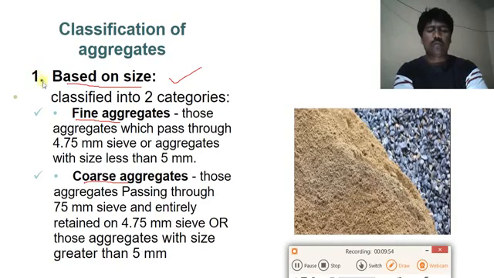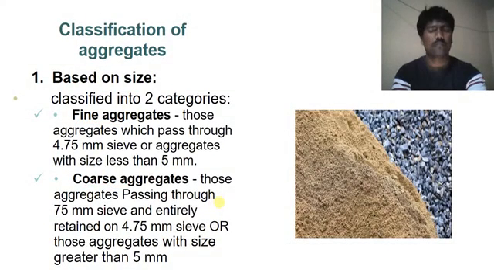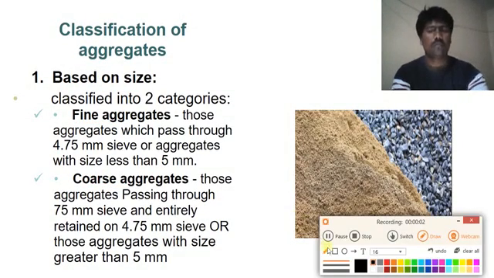Now we will see what we mean by fine aggregate and what we mean by coarse aggregate. Fine aggregates are nothing but the aggregates which pass through a 4.75 mm sieve. Here you might be hearing this word sieve many times.